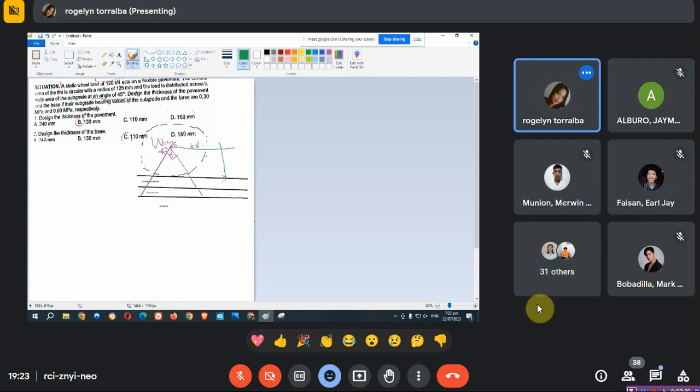This part, from the center of the wheel going to the upper edge, the first line, is the radius of the wheel. That is R. Next, the thickness of the pavement, represented by T sub P. And the following, the thickness of the base course, represented by T sub B.